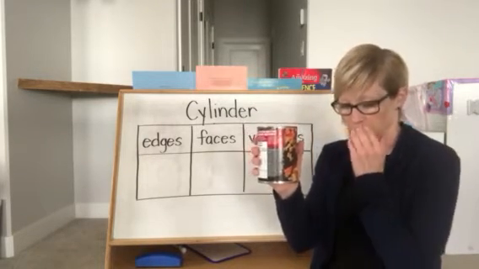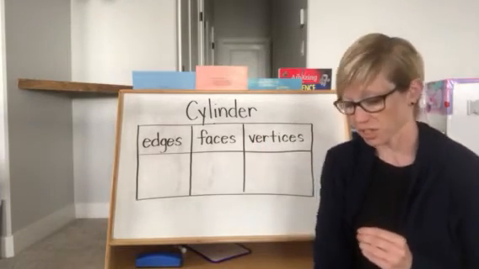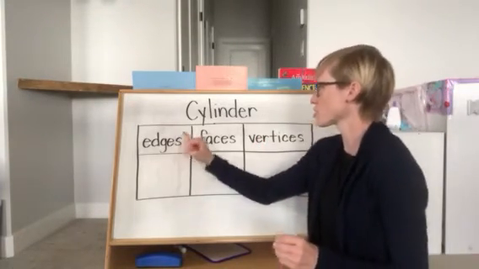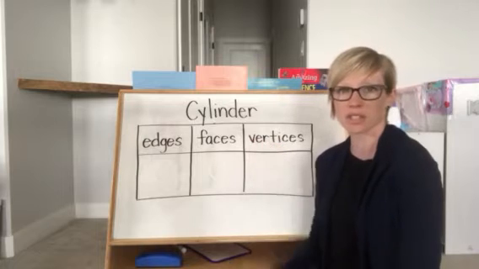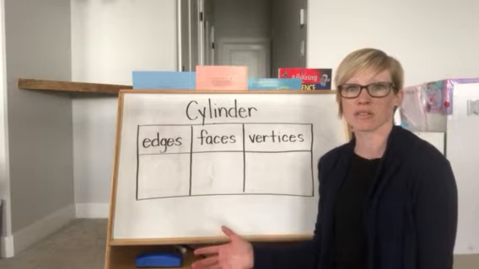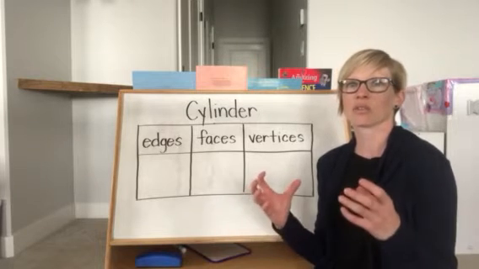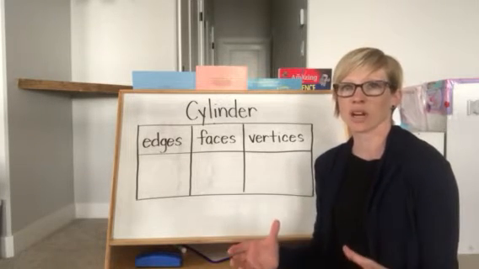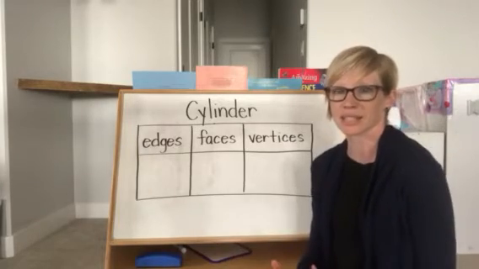Okay, so we are being asked on our books again today to figure out how many edges, how many faces, and how many vertices this shape has. So let's start with edges. Let's just remind ourselves what an edge is. An edge is anywhere where two surfaces meet.